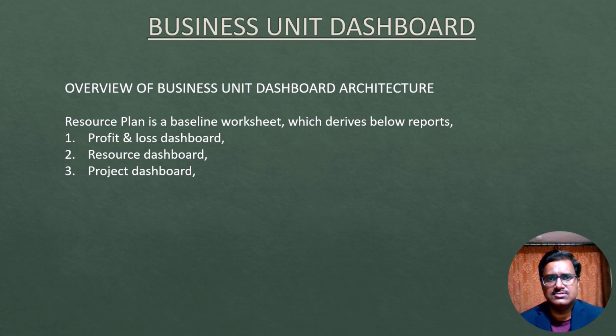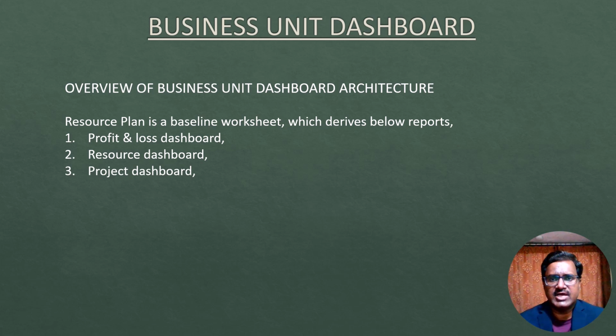That's how the resource plan helps in deriving the profit and loss, project and resource utilization dashboards. The resource plan is a baseline worksheet to derive the below reports, and it helps in providing up-to-date monthly and quarterly report status simply by updating resource utilization efforts, plan or actual, within it.